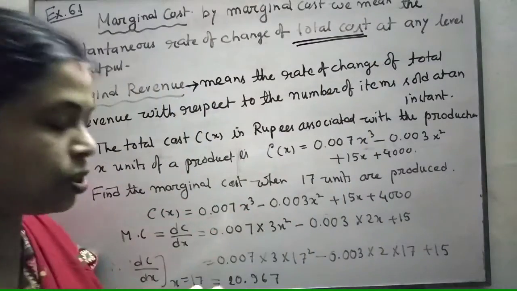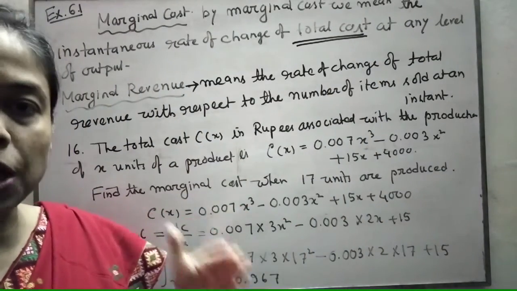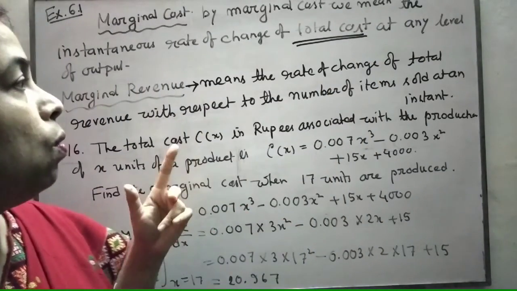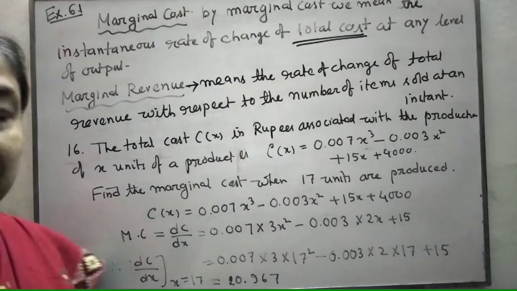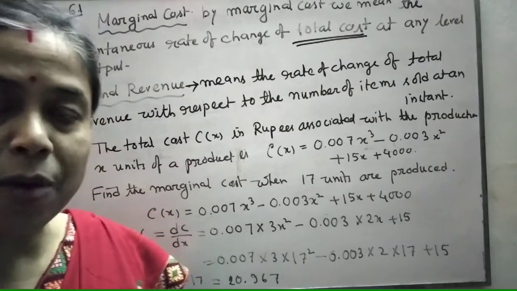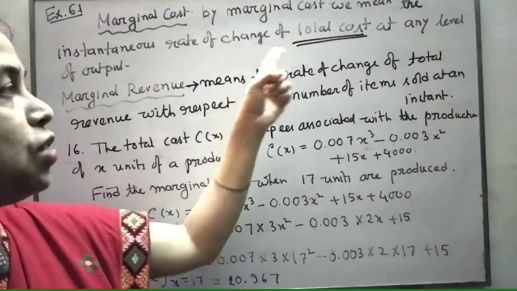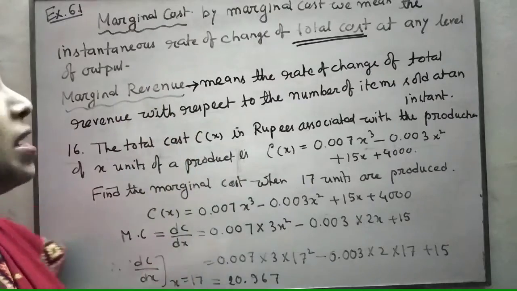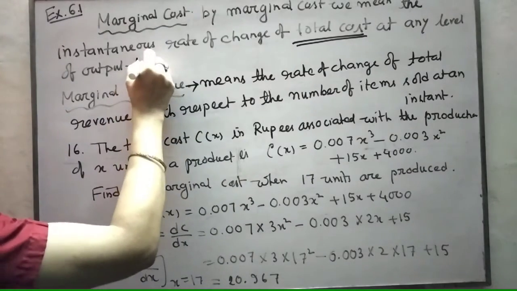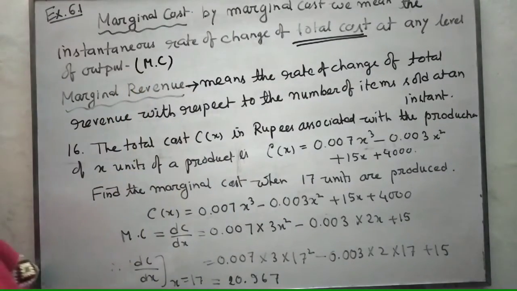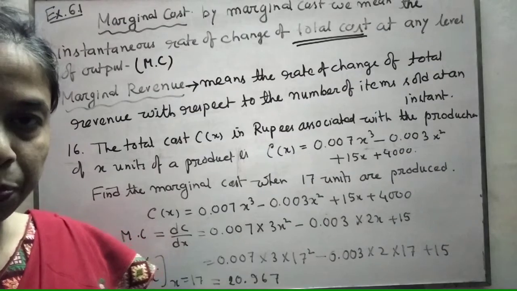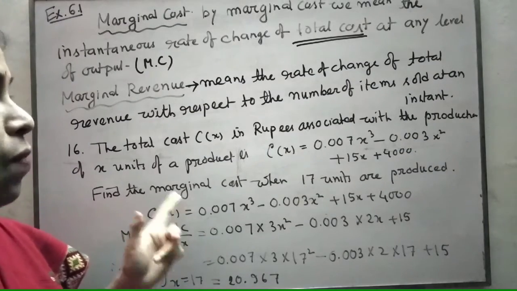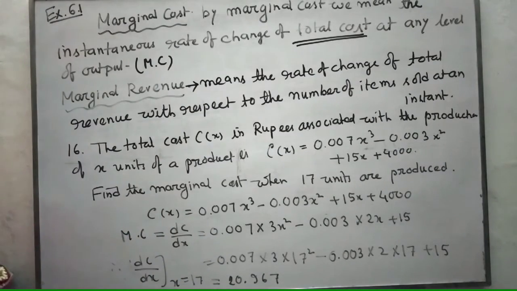If the total cost is known to you, then we calculate the rate of change of total cost at any level of output. That means if x is the output, at any level of output we have to calculate the rate of change of total cost. Marginal cost we are going to denote by MC. And what is marginal revenue?